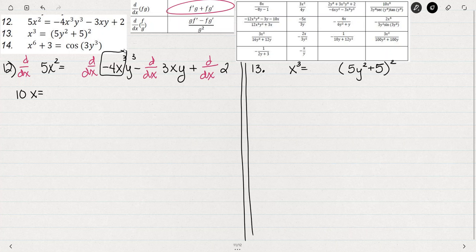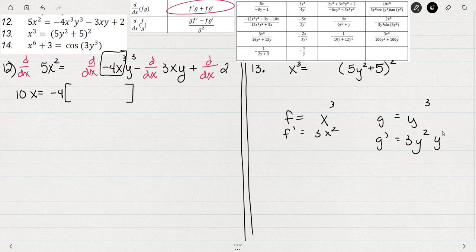You could do that, or you could just pull that negative 4 out and make it a factor for this sum. I'm going to go ahead and do it that way, right? So f in this example is the x cubed, f prime is 3x squared, g is y cubed. g prime is 3y squared, don't forget to chain, times y prime.